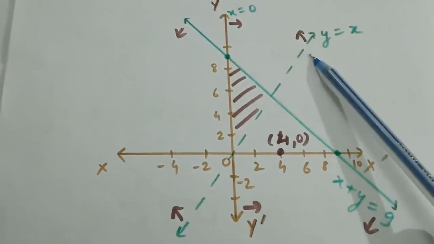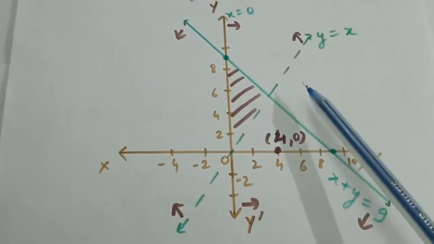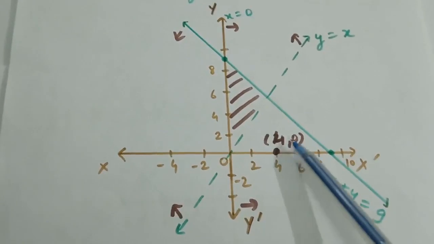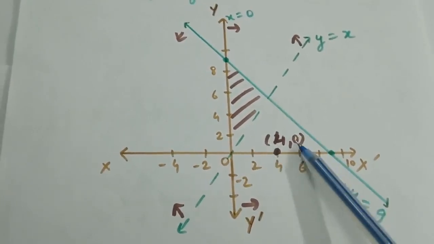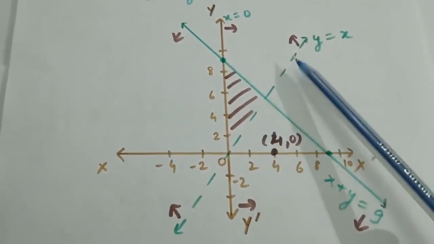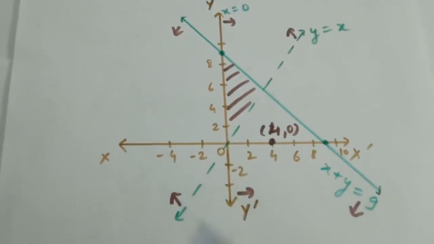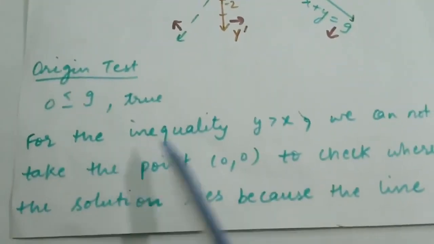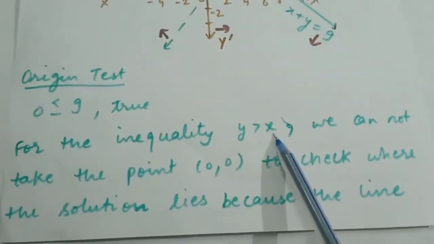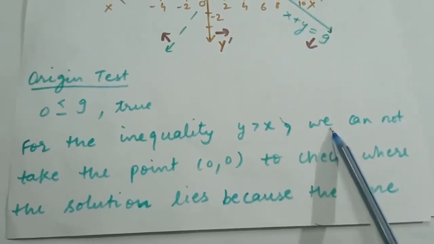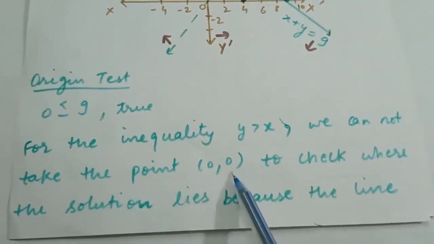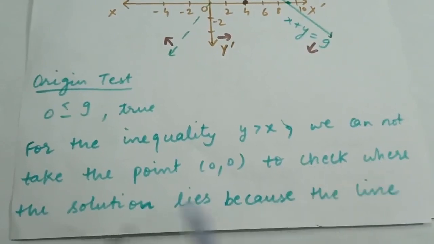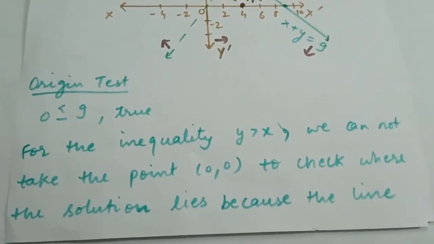So we will take any other point for this line. I have taken this point (4, 0). You can take any point except the points lying on the line. So for the inequality y greater than x, we cannot take the origin to check where the solution lies.